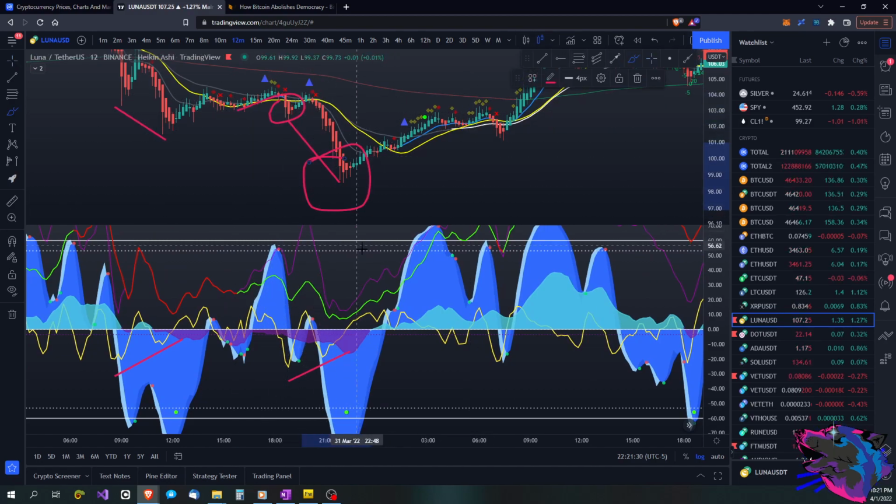Got lower lows on the price, higher lows on the VWAP. But this time we were reaching bearish exhaustion. The money flow did take kind of a wicked little shot straight back to the upside.